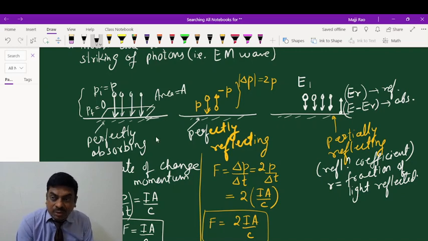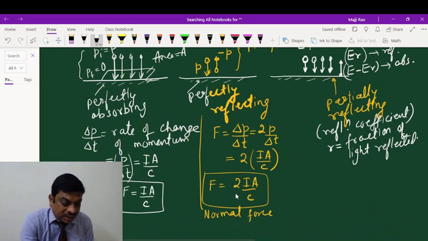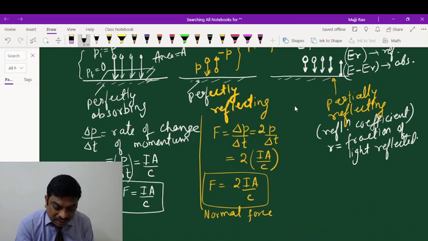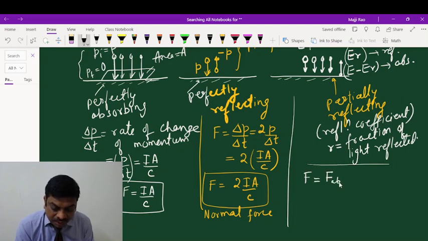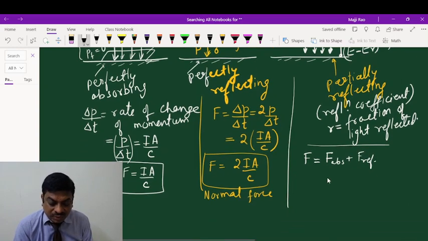So we have to apply both these formulas, students, whatever we have seen just now. Basically, we will be writing the expression for force due to the absorbed part of photons plus force due to the reflected part of the photons, total force.